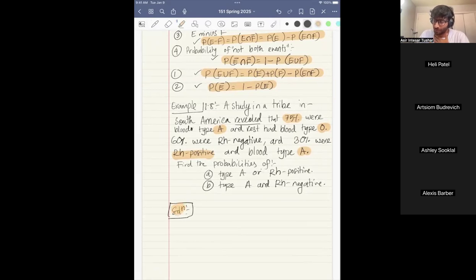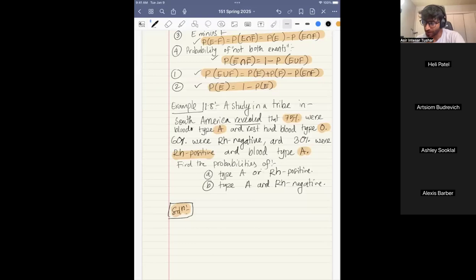Okay, so for solution. What's happening here is we need to take 2 events. There's so much information: 60% were Rh negative, 30% were Rh positive and blood type A. You can take Rh negative, Rh positive, blood type A or blood type O as your events.